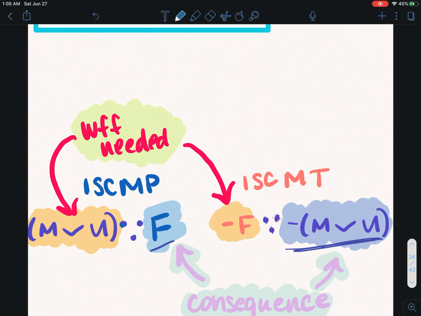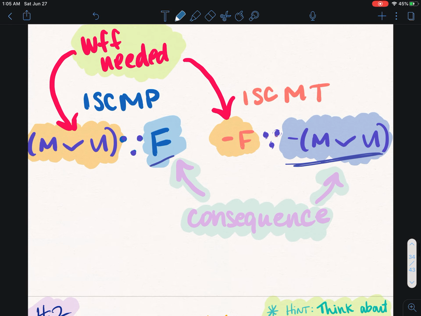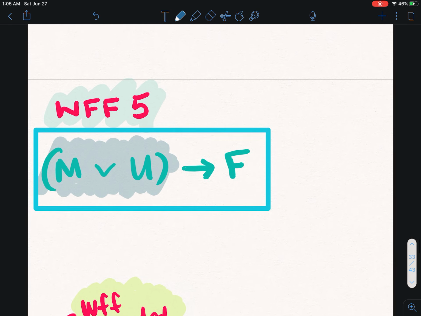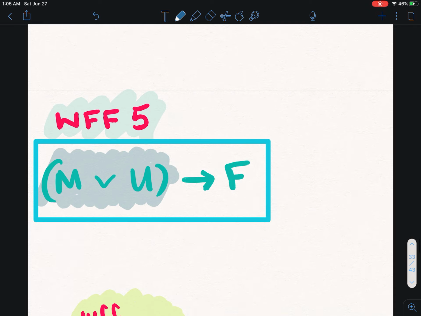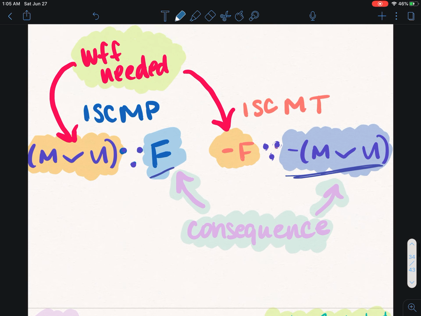So number 5. Do you see this format? Okay, so the clue was that it was an antecedent and a consequence. And look, this one is an antecedent and a consequence. And that's it. It's this one.